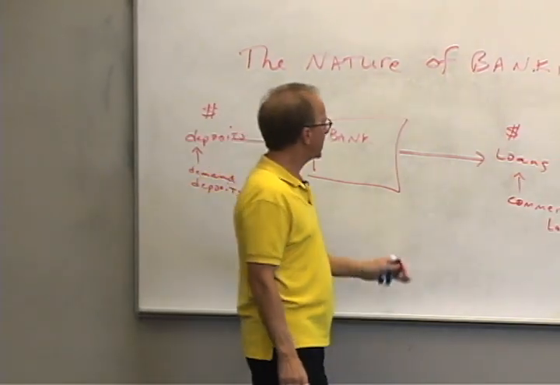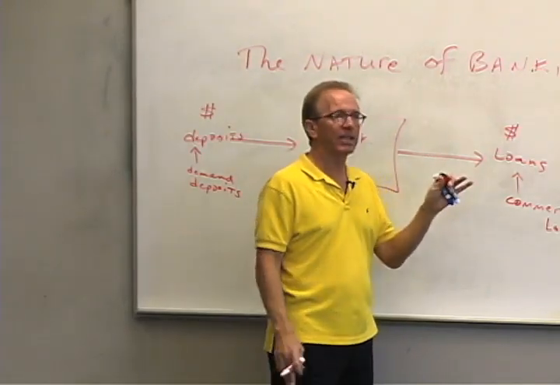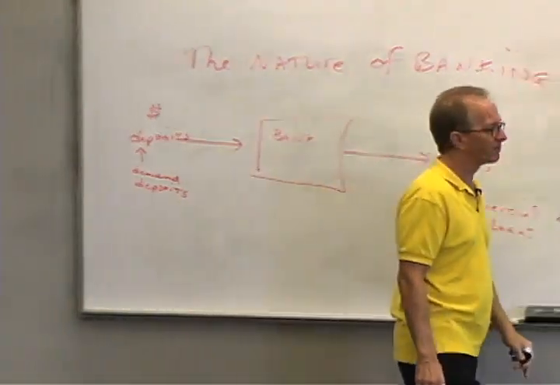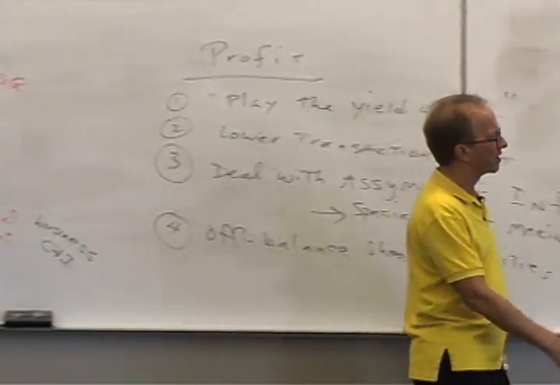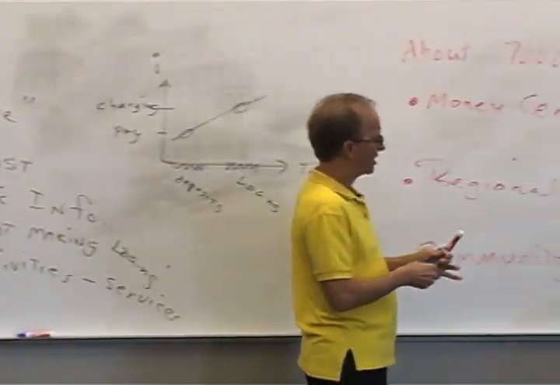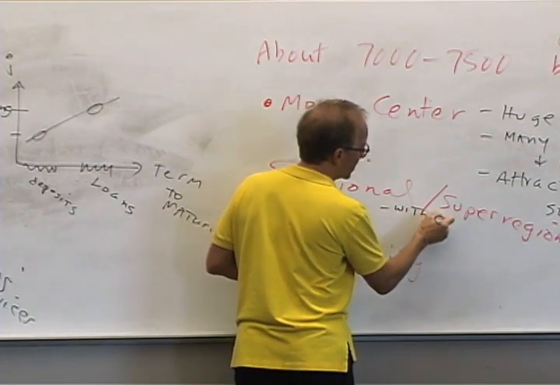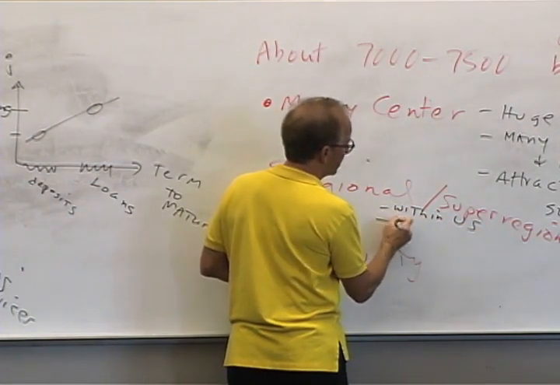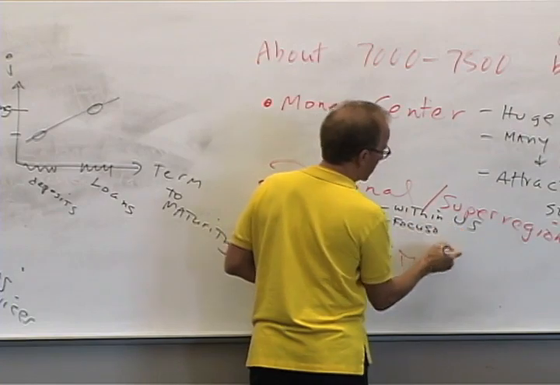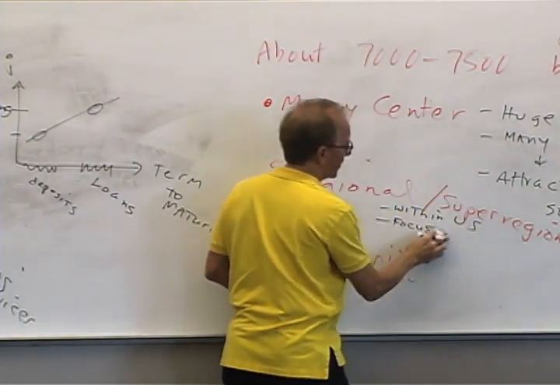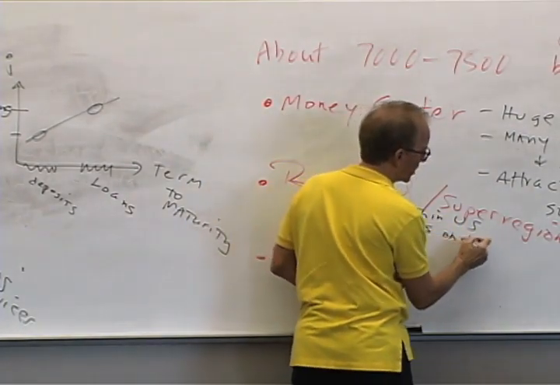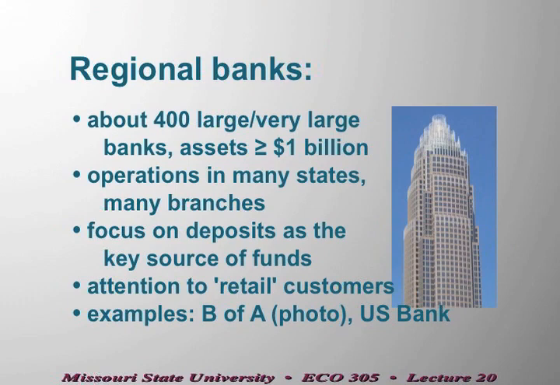Okay? And then the super regional bank, it is doing business within the United States. Within U.S., focus on deposits as a source of funds. And they tend to be large.